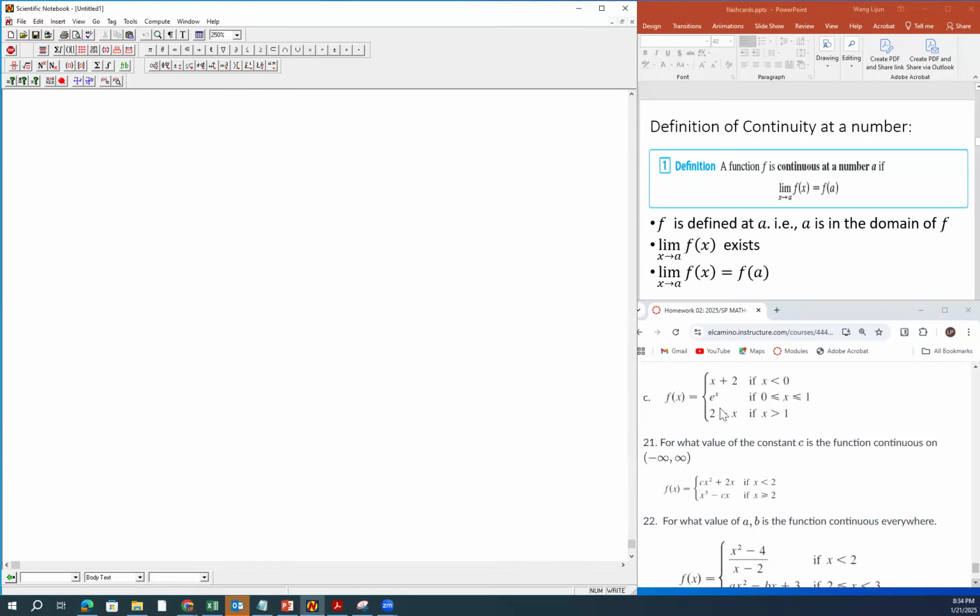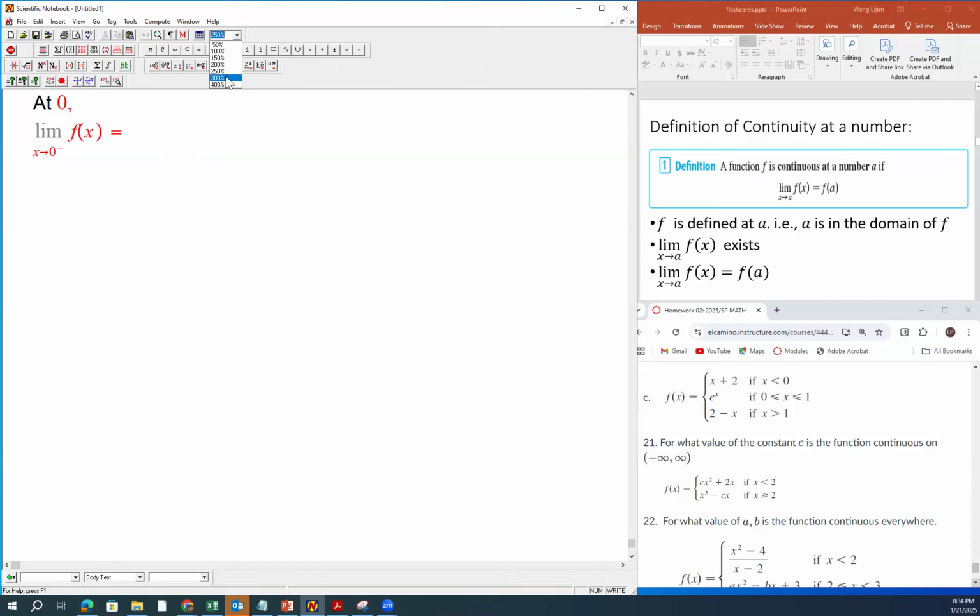Okay, so f of x. The points in question, obviously, are 0 and 1. So at 0, we're going to look at the limit when x approaches 0 from smaller than 0.